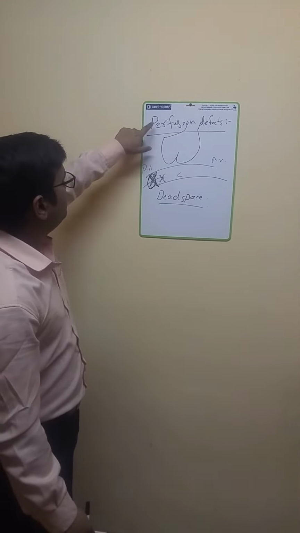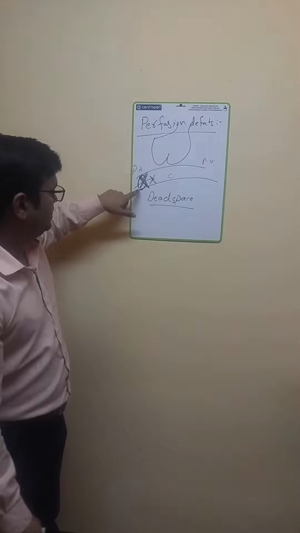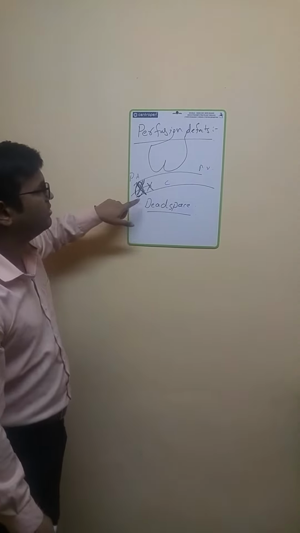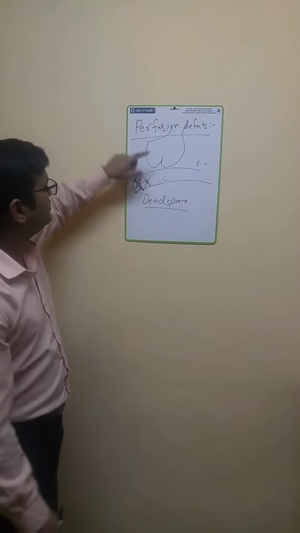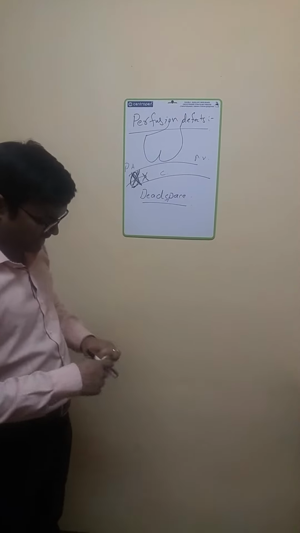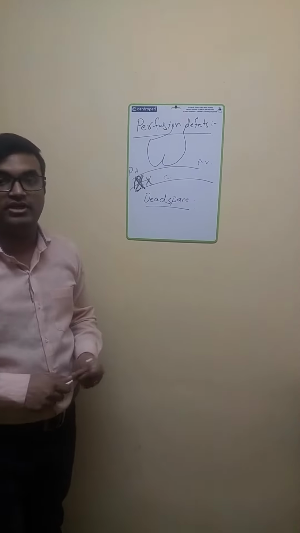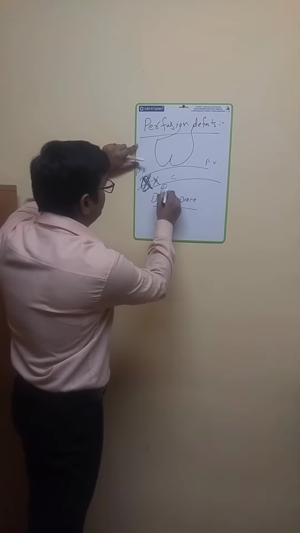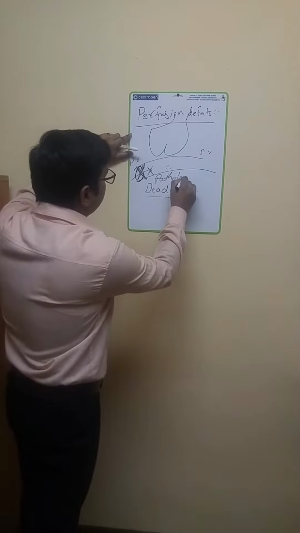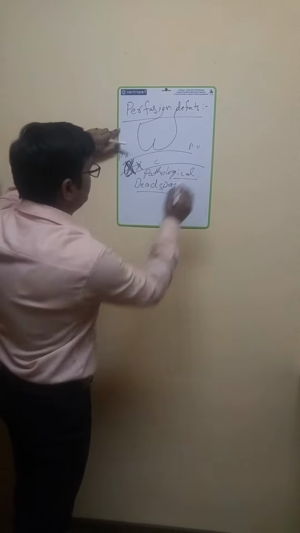So in perfusion defects, there is obstruction in the pulmonary artery, or obstruction in the blood flow in the lungs. That will produce a dead space, and this dead space will not be anatomical dead space, this will be pathological dead space.